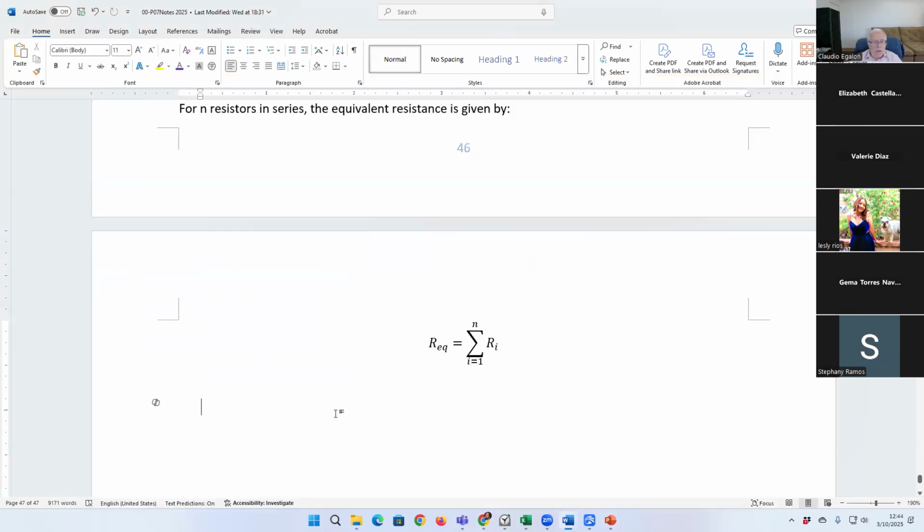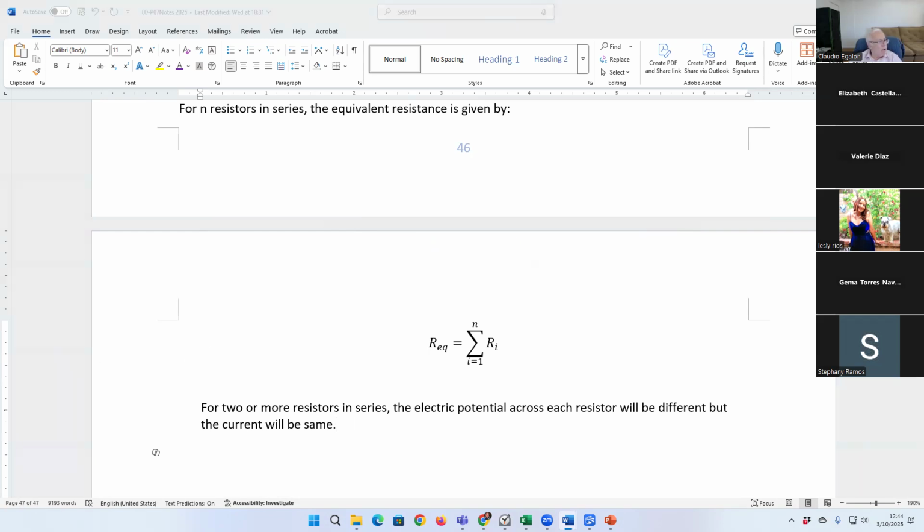For resistors in series, for 2 or more resistors in series, the electric potential across each resistor will be different, but the current will be the same. Okay? We can even start building up a table.